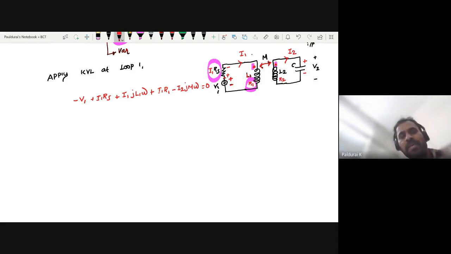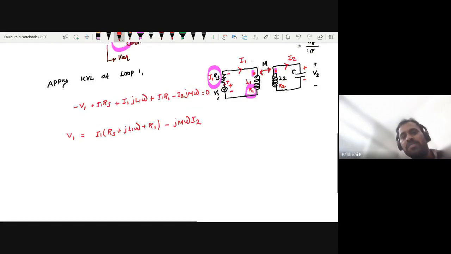So now how to write this in mesh analysis, you want to write it in terms of I1 and I2. So this is minus V1, bring this minus V1 to the right hand side, becomes V1. So V1 equals coefficient of I1, it becomes RS plus jL1 omega, plus R1, minus jM omega I2.